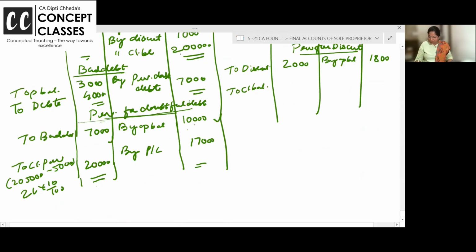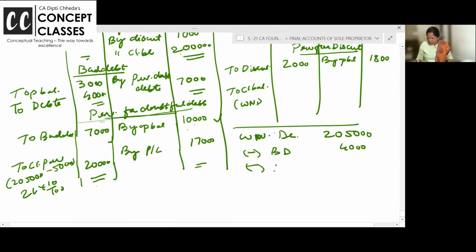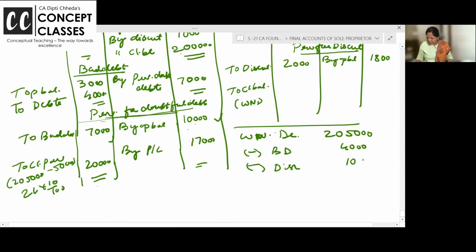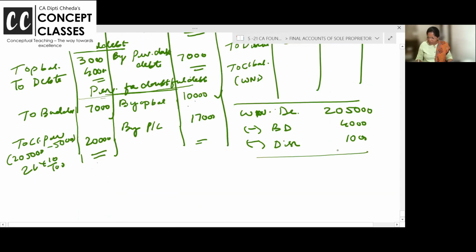Again, that same logic. I want all of you to write here working note 1. Look, your debtors were 2,05,000 and bad debt happened 4,000. More discount you gave 1,000. I want all of you to write. Your debtors are 2 lakh.